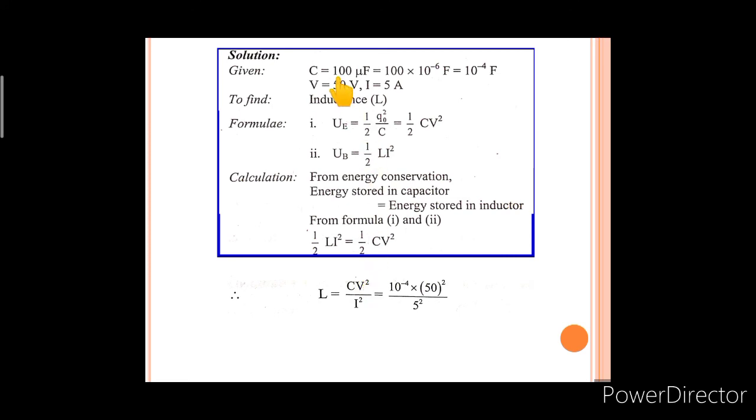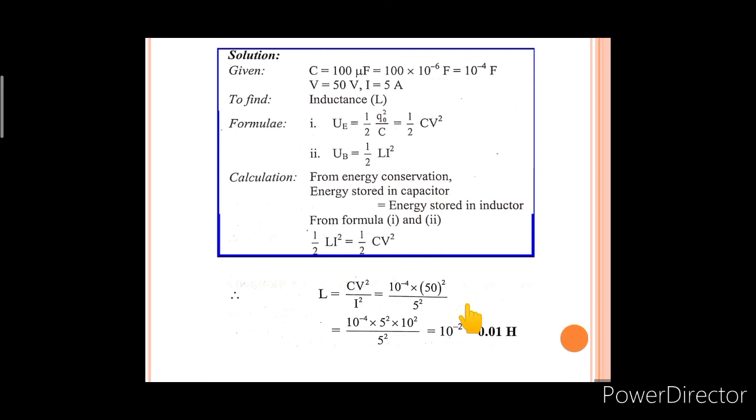V is 50, so we take its square, 50 square upon I square. I is given 5, so here we write I square as 5 square. So, L is 10 raised to minus 4 into 50 square upon 5 square.